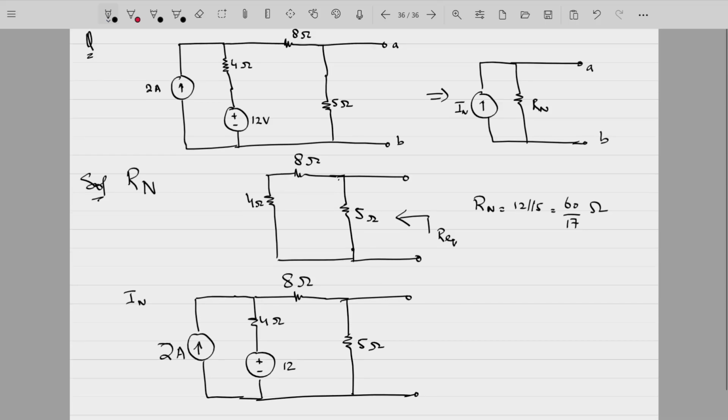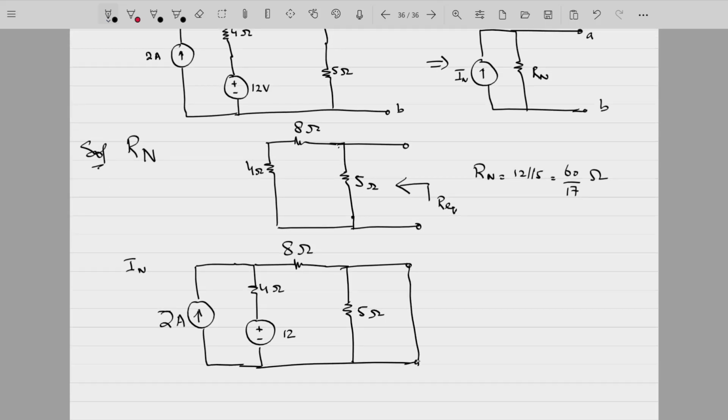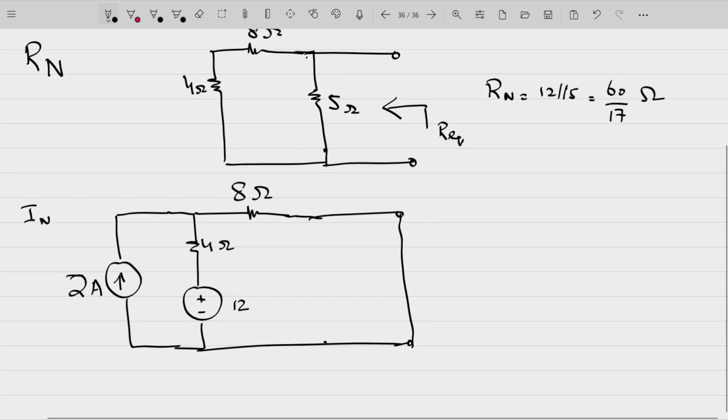Now to find In, you have to short this particular end AB. Now if you are short circuiting this end, that means all of the current will be flowing from there and none of the current will be flowing through this 5 ohm resistance. So you can actually ignore this 5 ohm resistance because of the presence of the short circuit at the terminal ends.